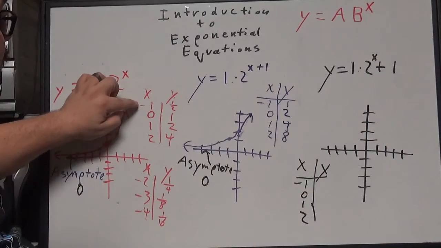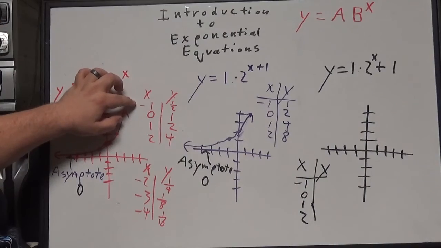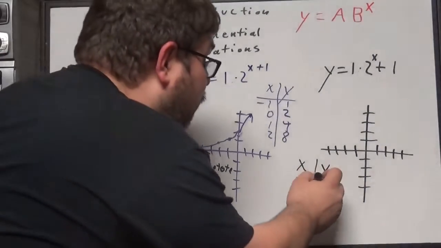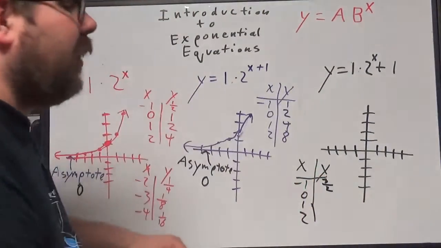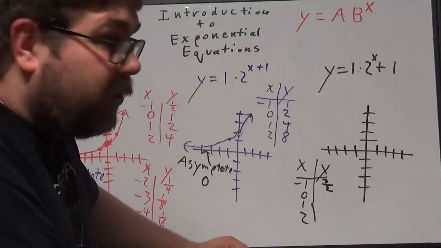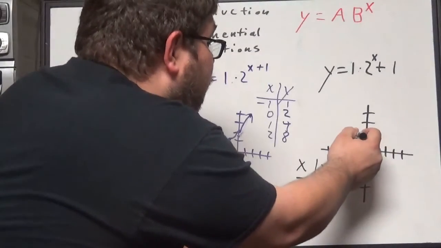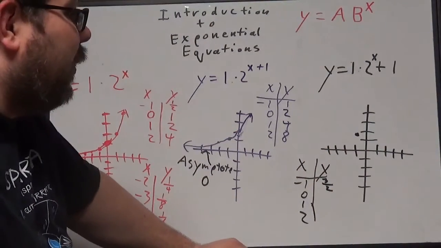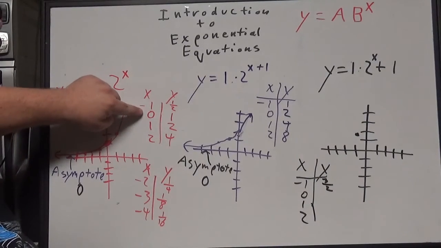So -1 before gave us 1/2. If we add 1 to that, we get 1.5, which I'll write as 3/2. Just a simplified fraction. But it means 1.5, so go ahead and plot that. -1 on the x, 1.5 on the y. 0 before gave us 1.